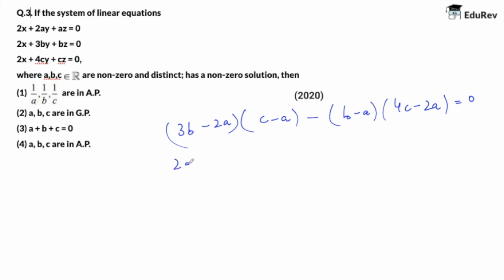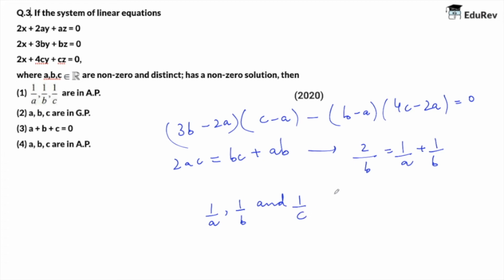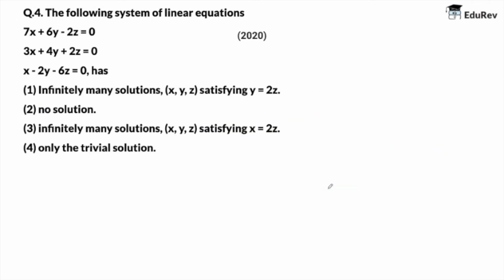So it will be 2AC equals BC plus AB. So that will be 2 by B equals 1 by A plus 1 by C. Hence 1 by A, 1 by B and 1 by C are in AP. I hope you understood this. Let's move on to the next question.